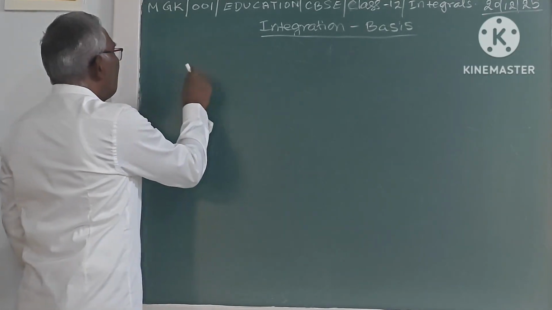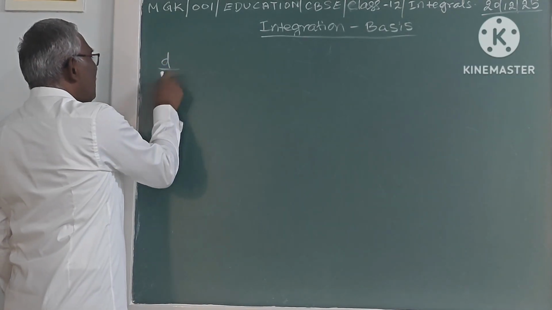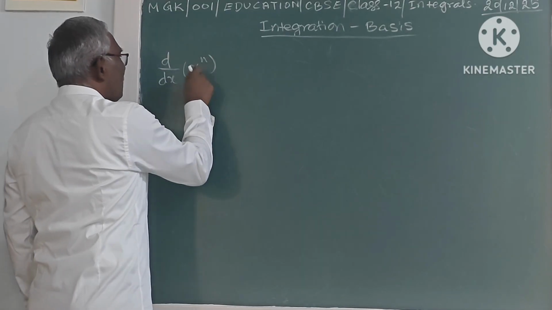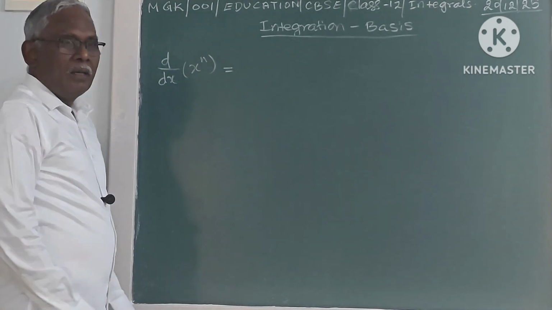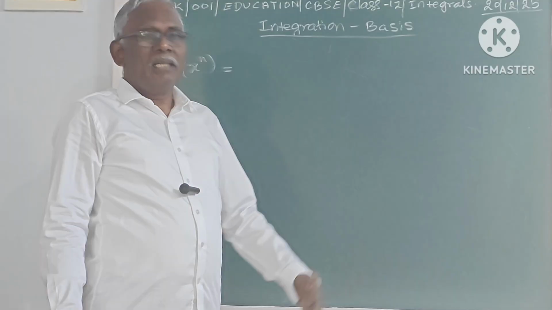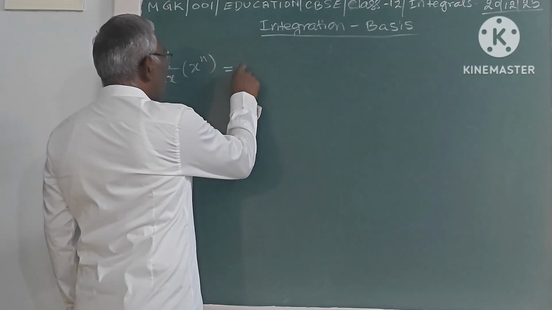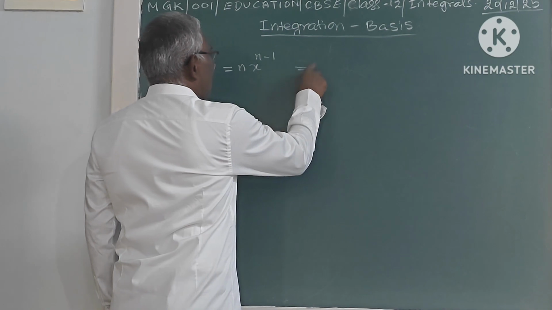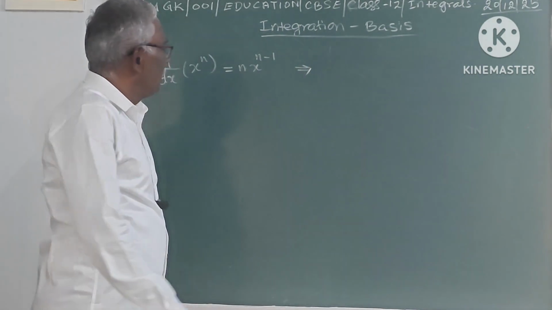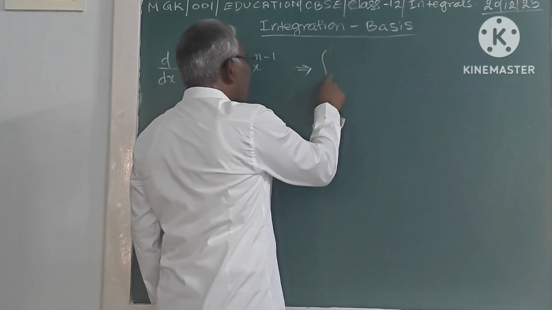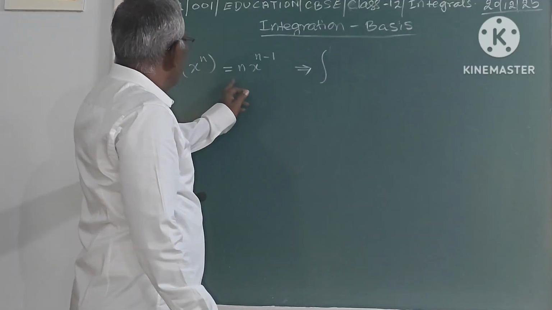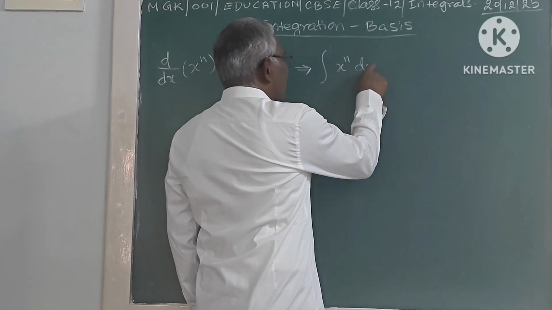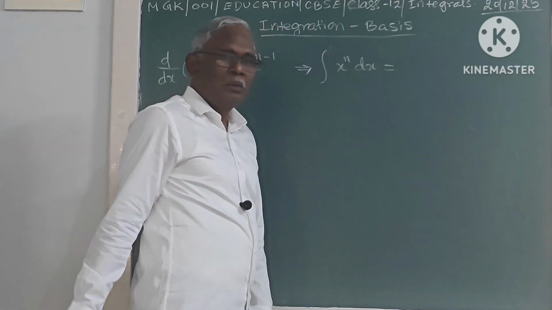We know that differentiation of x power n is n into x power n minus 1. This gives integral x power n dx is equal to, you have to see what.